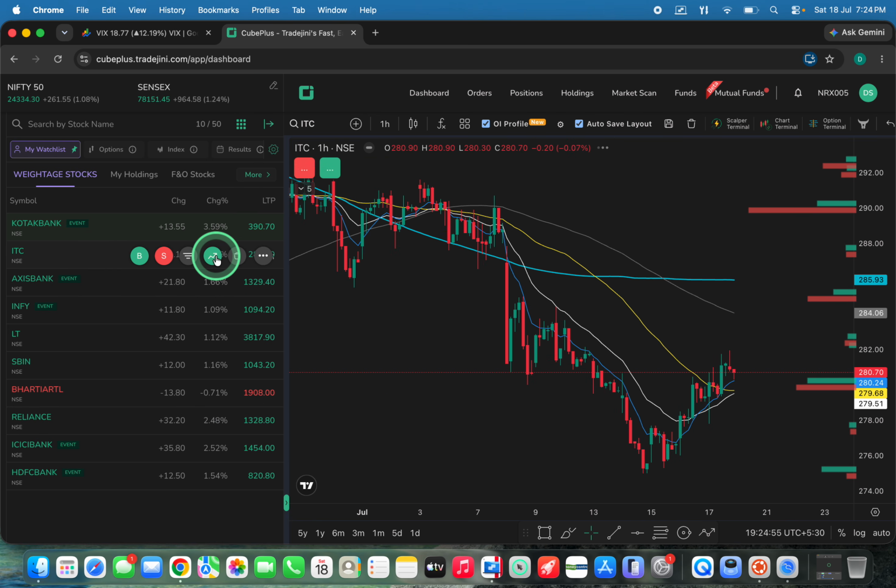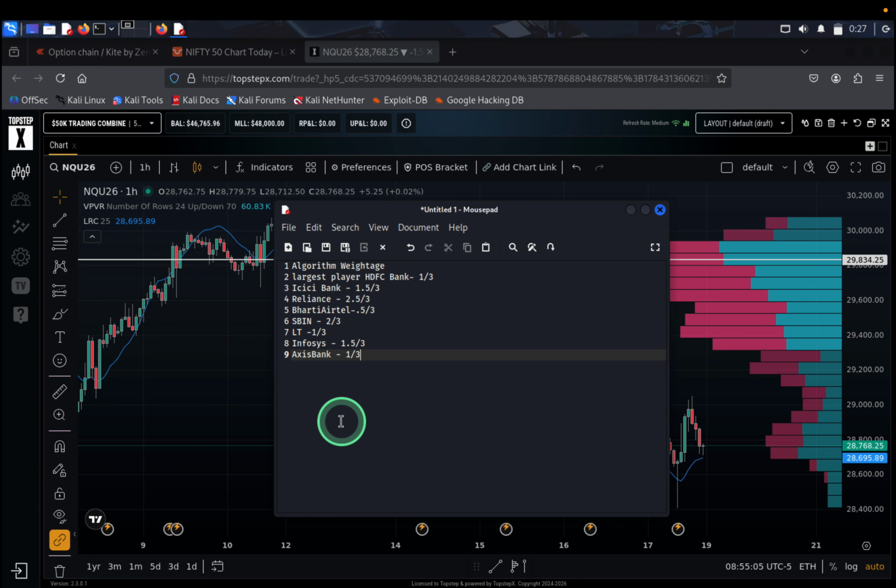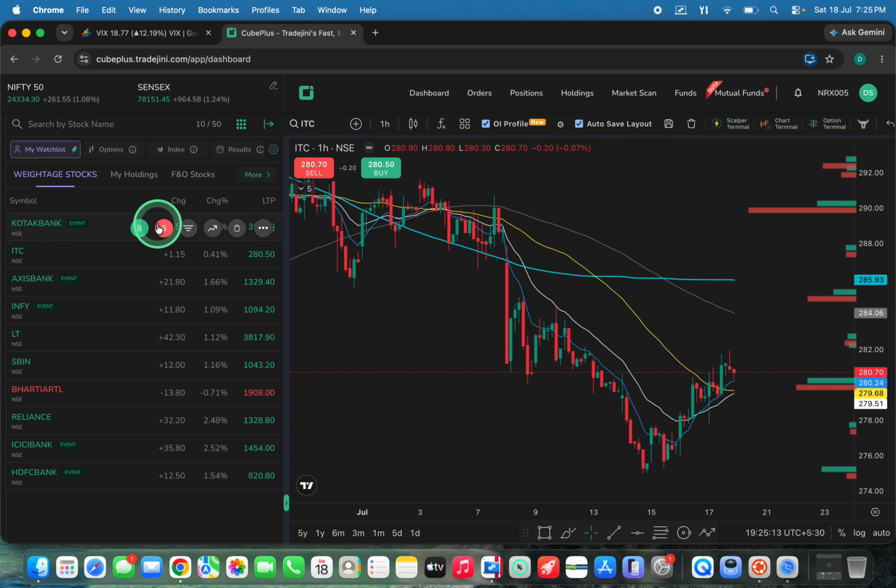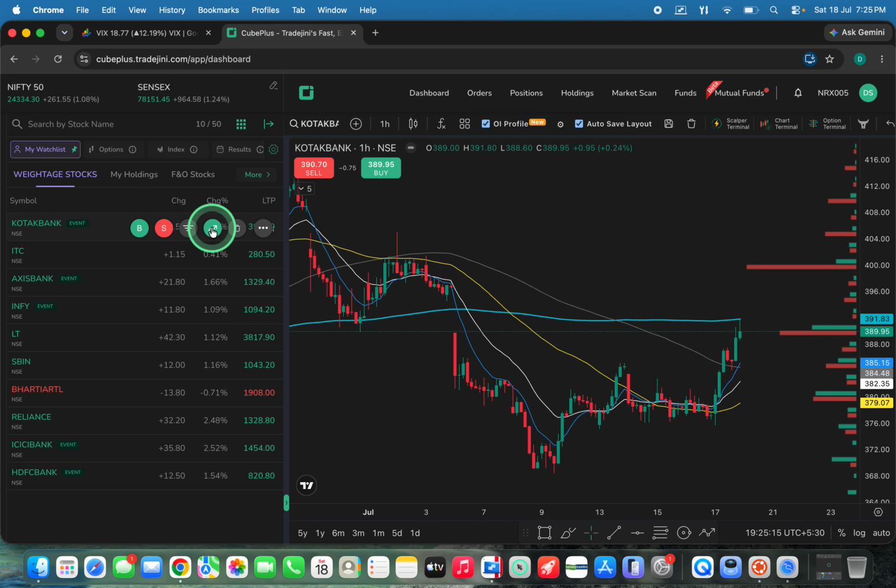ITC is now facing upward momentum, and we'll still give it a 1. Kotak Bank was consolidating and is now finally moving upwards.